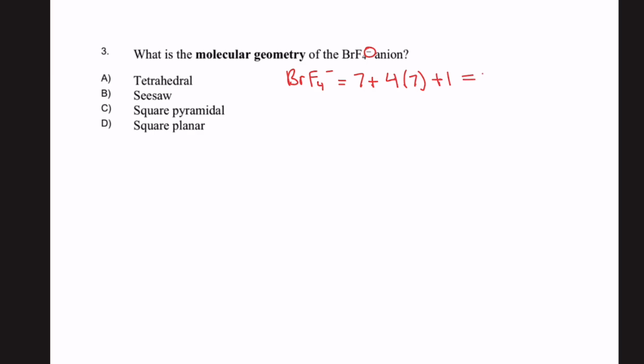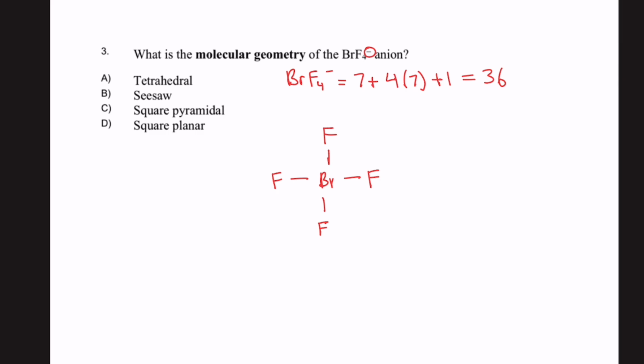And when you add this up, this should give you 36. So now what you do is you're going to place the central atom, and then the fluorines are going to go around it. Remember that the least electronegative atom goes in the middle, but this one's pretty obvious. That's going to be bromine in the middle.